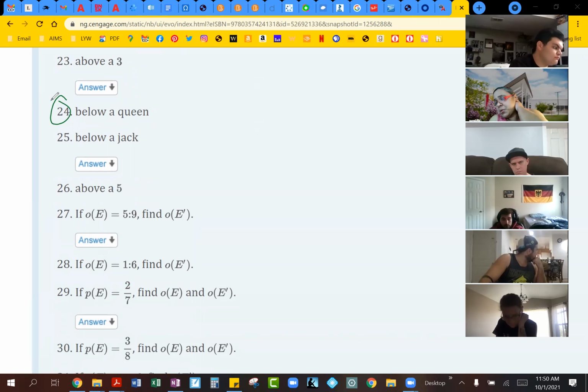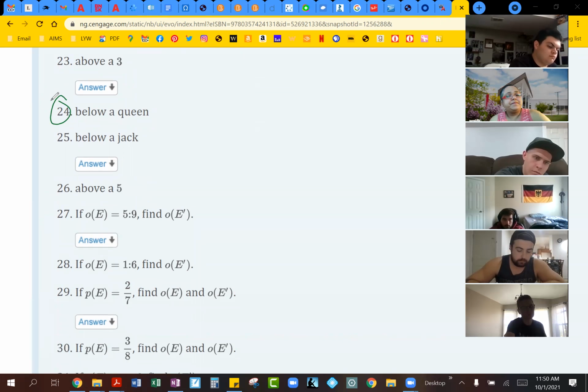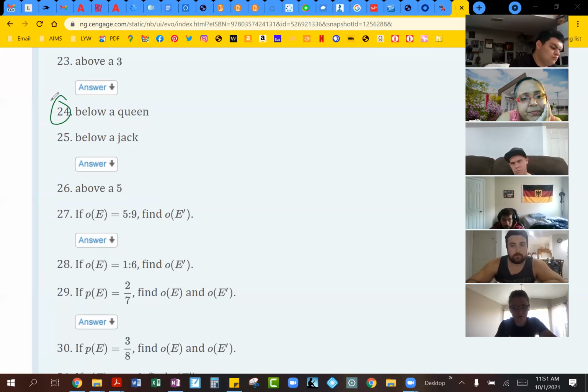So below a queen, again, what cards are we looking at? Remember, the ace is a high card. So what cards would we consider below a queen?